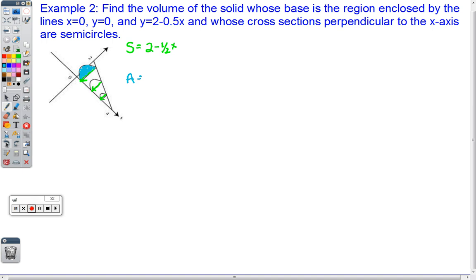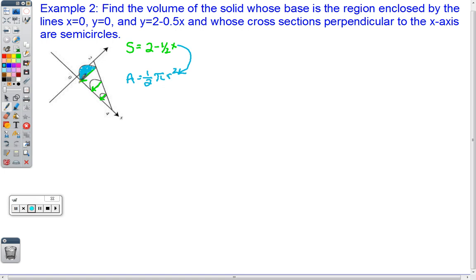So I'm going to write it as 1/2 pi r squared, semicircles being half of a circle. But we have a problem here. Unlike the last problem, I cannot take the side and just plug it in for r, because it's not 1/2 pi side squared. It's 1/2 pi r squared.